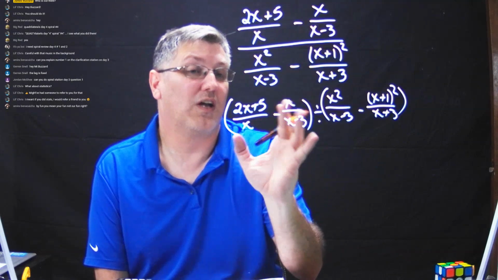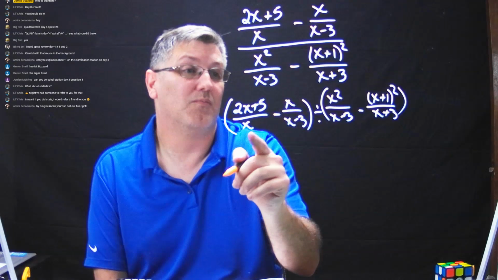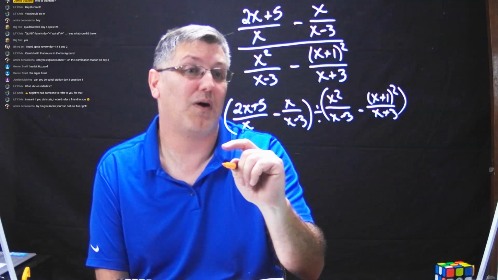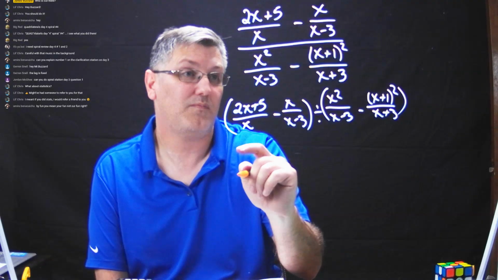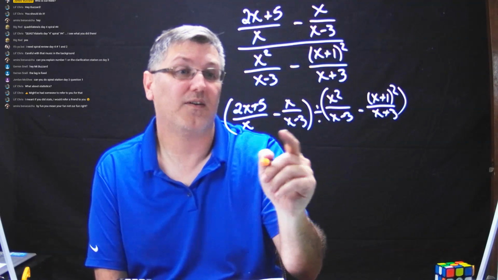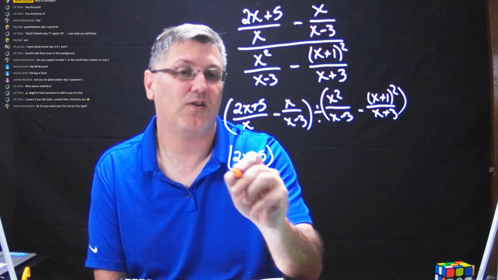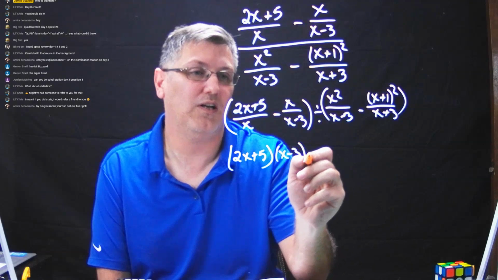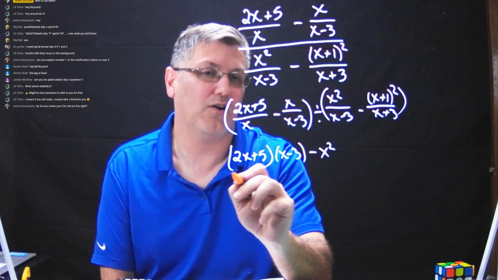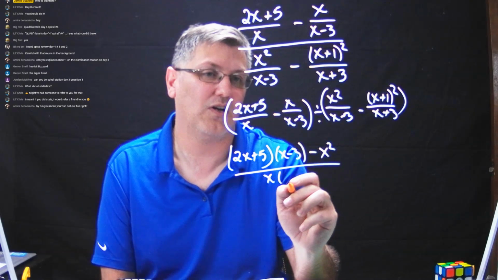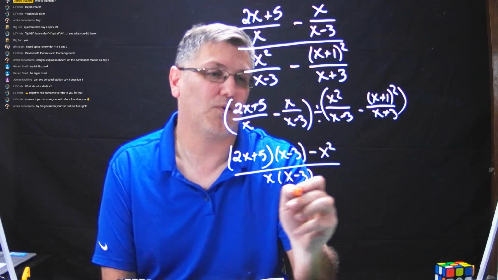All right, we're going to get a common denominator. This right here is missing an x minus 3. So I'm going to have to do 2x plus 5 times x minus 3 minus x squared, all over x times x minus 3.